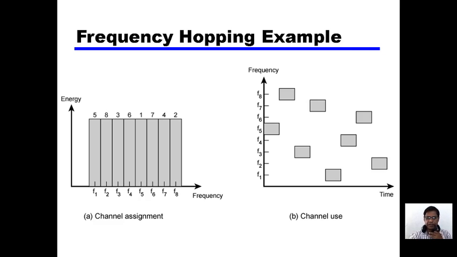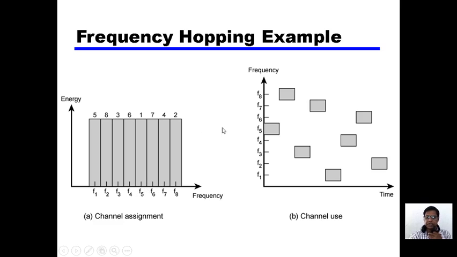F3 is transmitting 3, so this is 1, this is 2, this is 3. F4 is 6 bits. F5 is 1, it transmits 1 bit on its frequency channel.